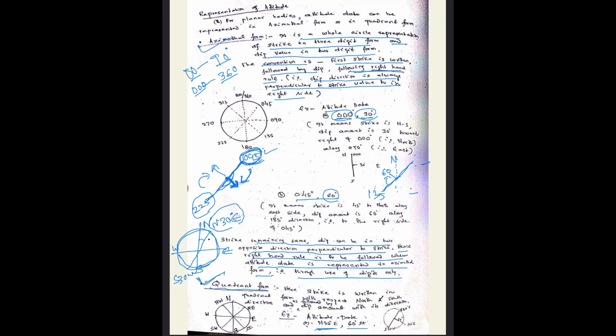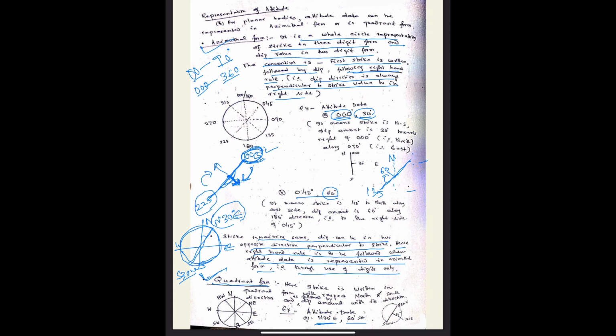Simply mentioning north 30 east will automatically give the value on the other end, that will be south 30 west. So this is the quadrant form. Here the strike is written in quadrant form with respect to north and south.